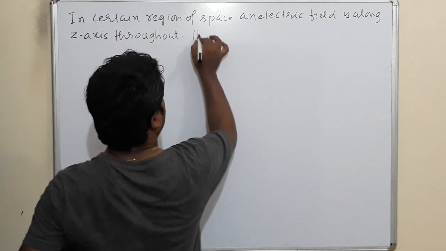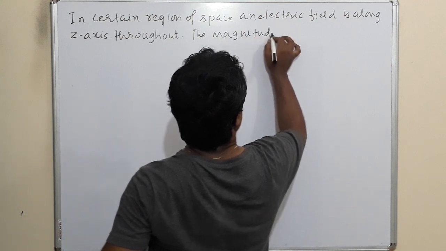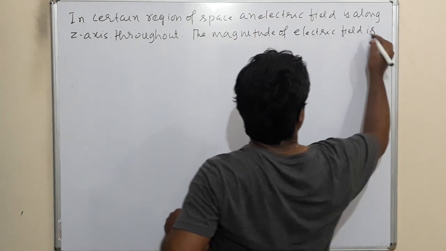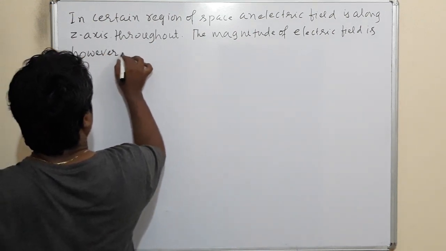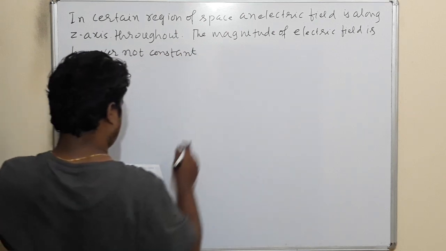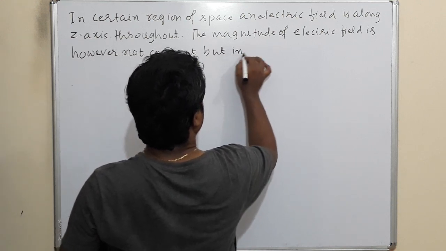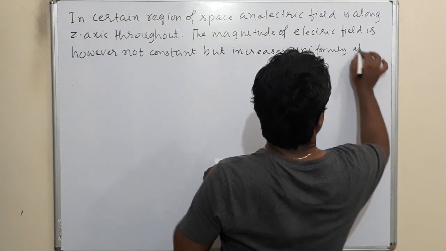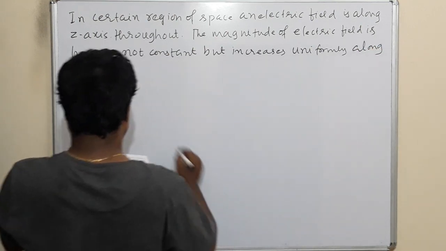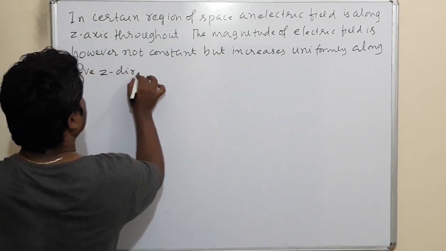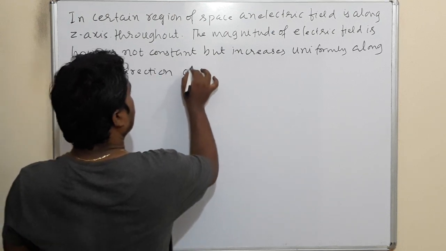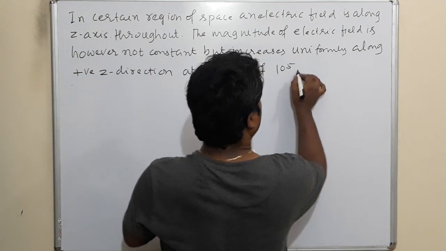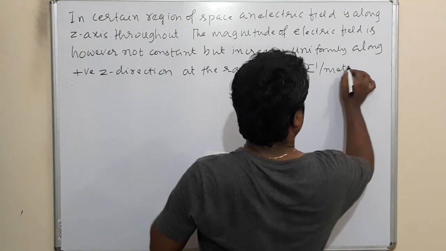The magnitude of the electric field is however not constant but increases uniformly along positive z direction at the rate of 10 raised to 5 Newton per coulomb per meter.